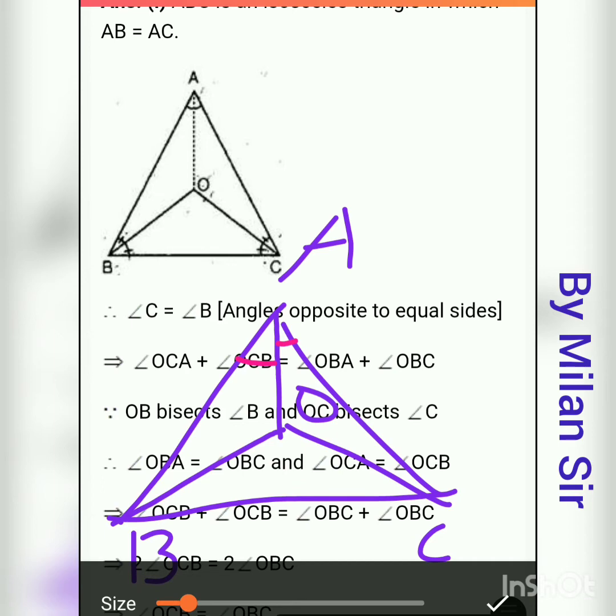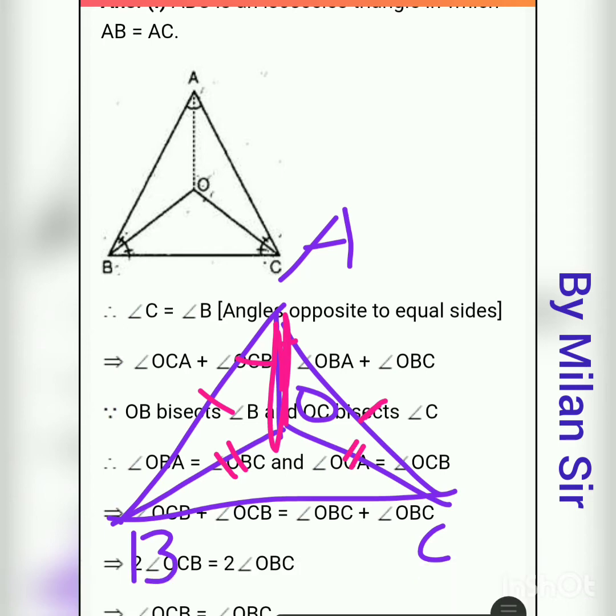For that, here AB equals AC, right? Now in the first question we proved that OB equals OC, right? So two sides are the same and AO is a common side, so all three sides are equal with the other triangle. Again I repeat this process.